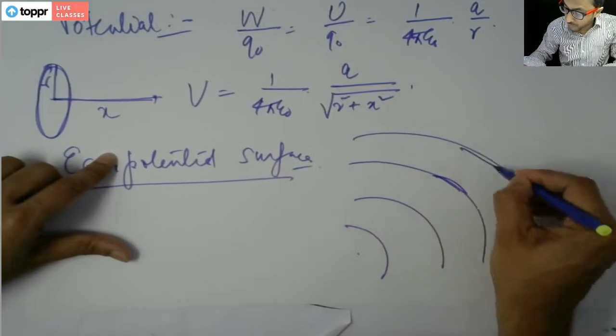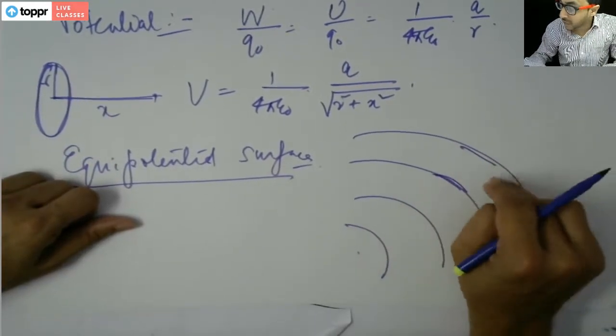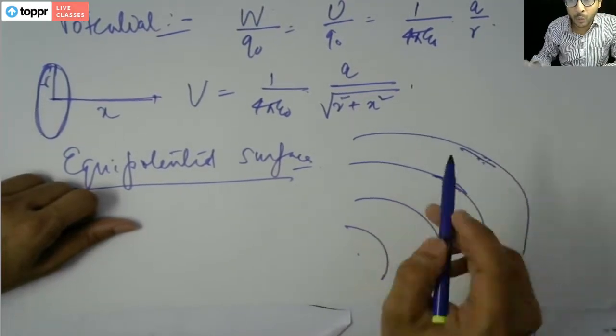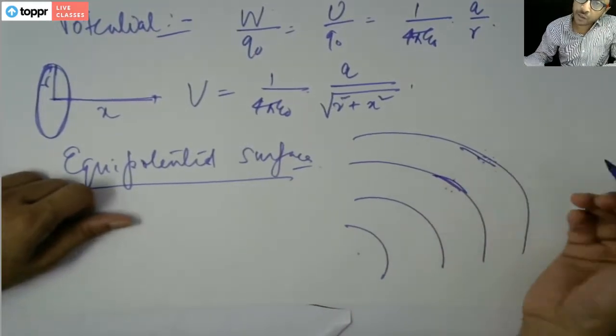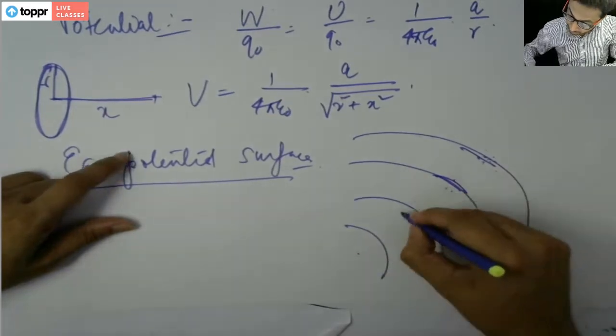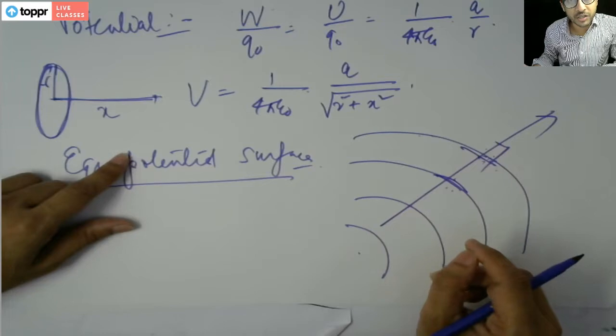The work done within an equipotential surface will be 0. So no work is done within an equipotential surface. There is no difference in potential within the equipotential surface. Equipotential surfaces don't intersect with each other, and the electric field is always perpendicular to the equipotential surface.